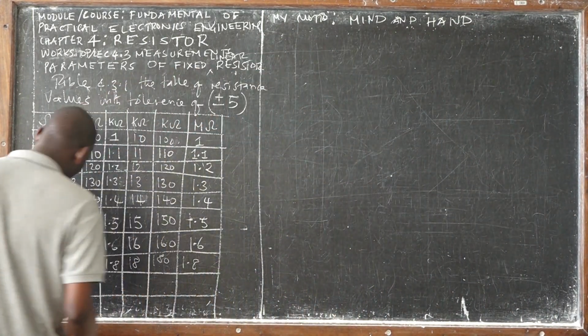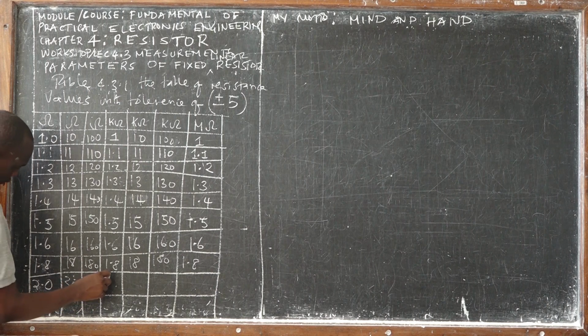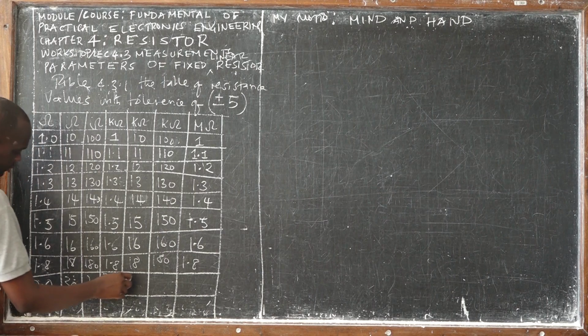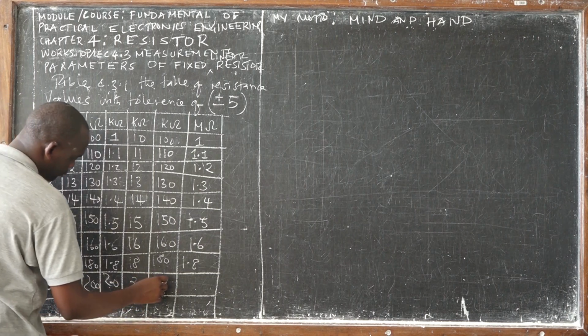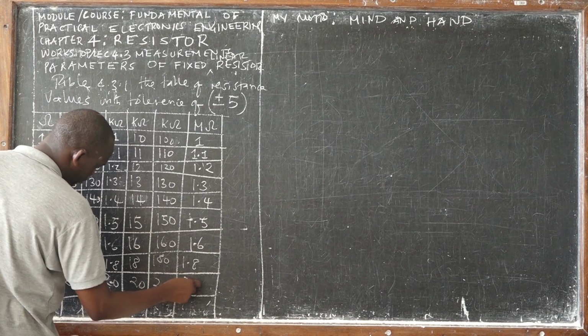Remember that here the next number is 2.0. So this one will be 20, 200, 2.0, and so on, 20, 200, 20, 2.0.